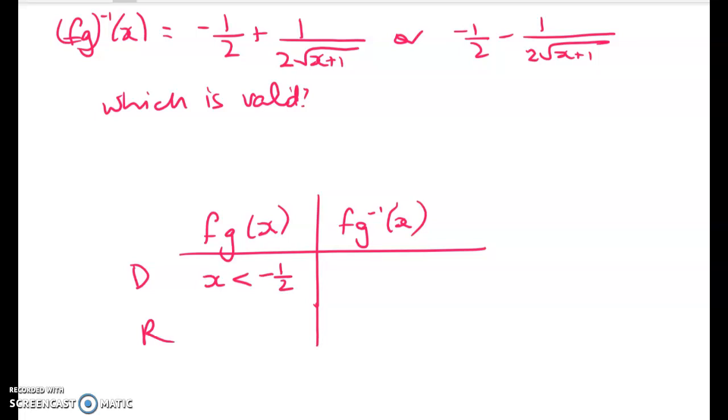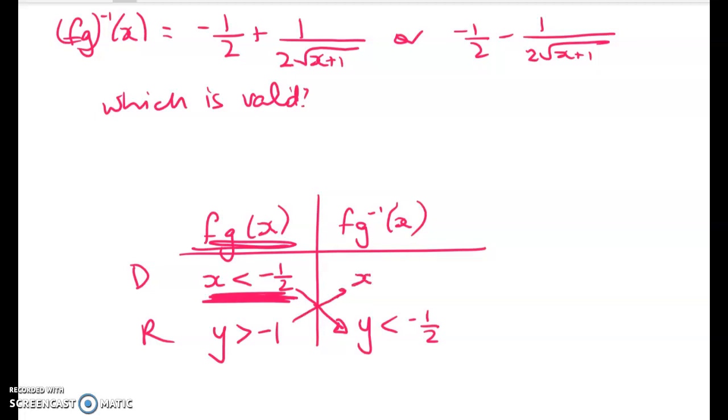So that then becomes the range for my inverse function. So we end up with the range having to be that the output has to be less than negative a half. So for the basic function, the input is less than negative a half. And the same thing here is that the output of this function has to be values greater than negative 1. And so that then becomes the input in here.